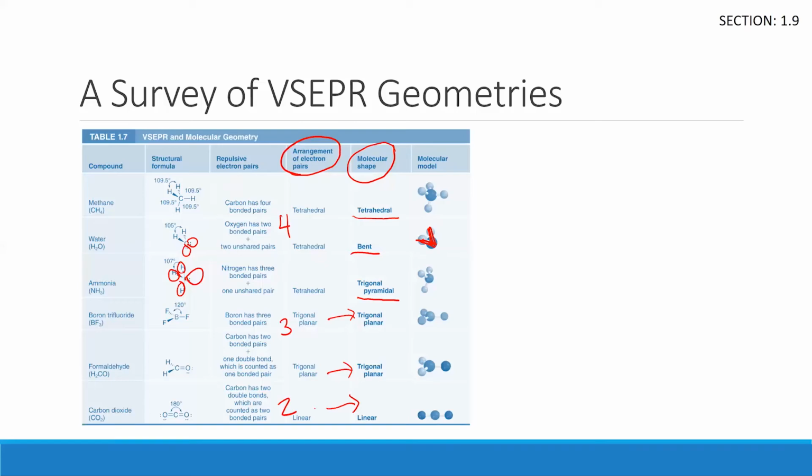So make sure that you look at this table, understand how you go from the number of electron groups. So here's the actual electron groups. And then how you get the shape, this is going to be based on the number of lone pairs.